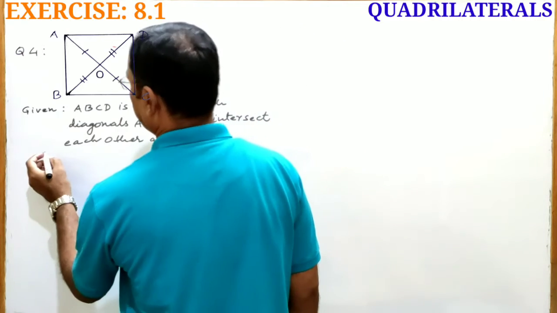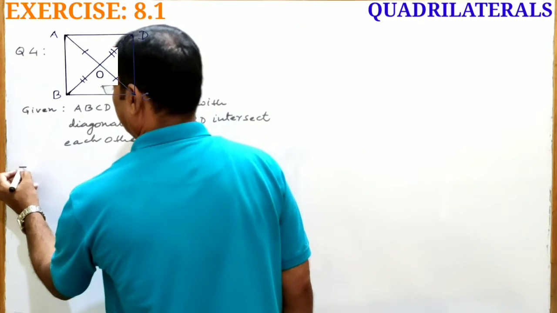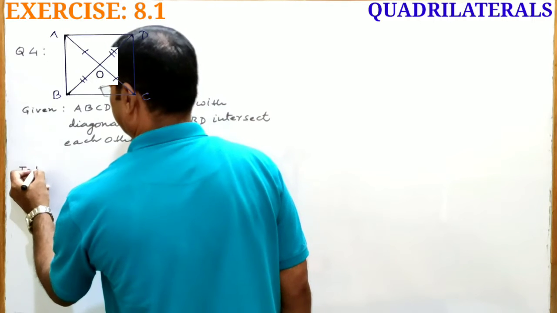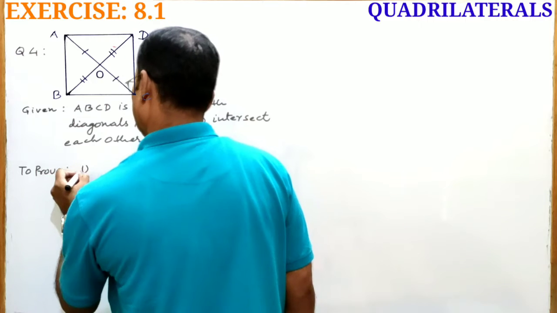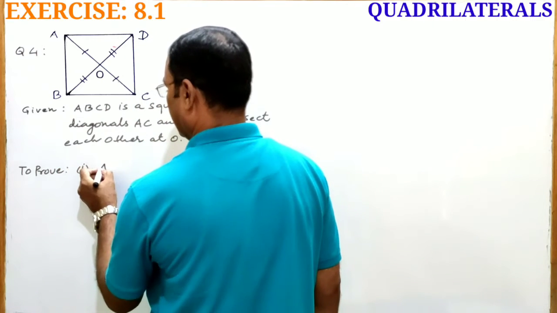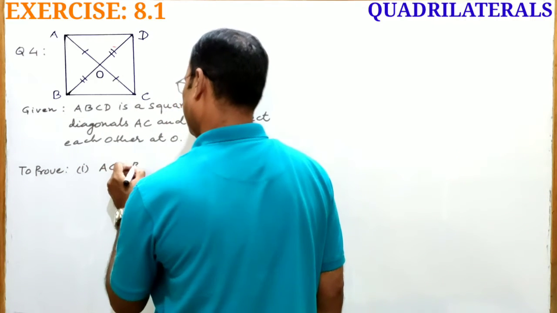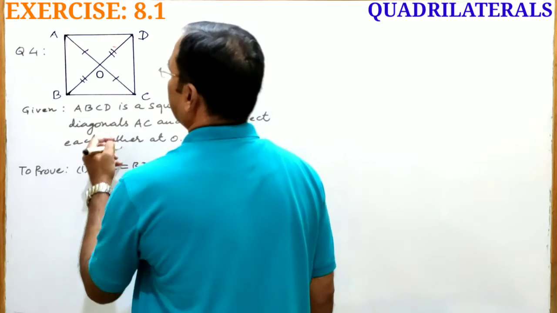And we have to prove that number 1, AC is equal to BD, diagonals are equal.